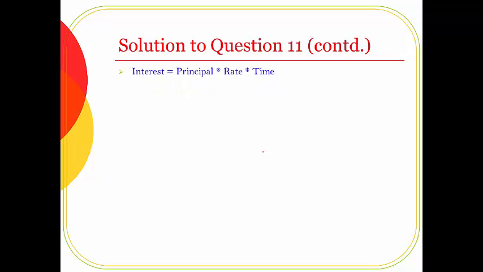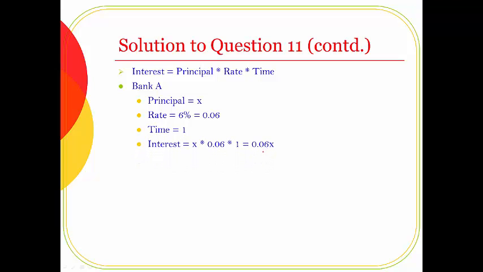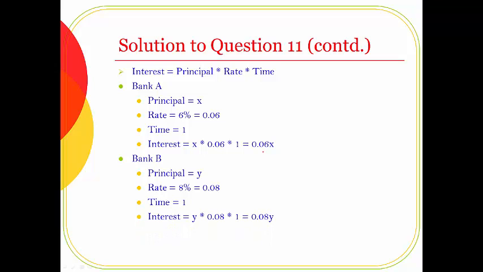So we write the interest formula. Then we look at Bank A. Principal is X, rate is 6%, which is 0.06, and time is 1 year. So this is the interest, 0.06x. We look at Bank B, principal is Y, rate is 8%, which is 0.08, time is 1, so the interest is 0.08y.